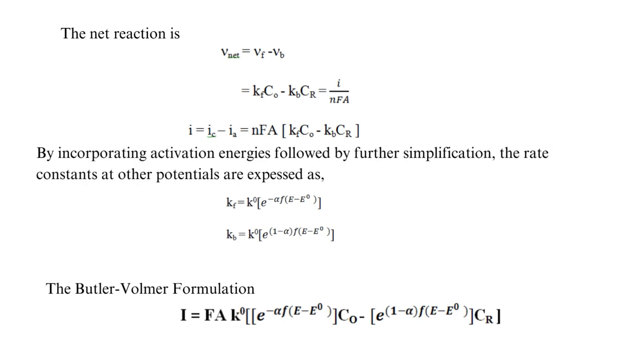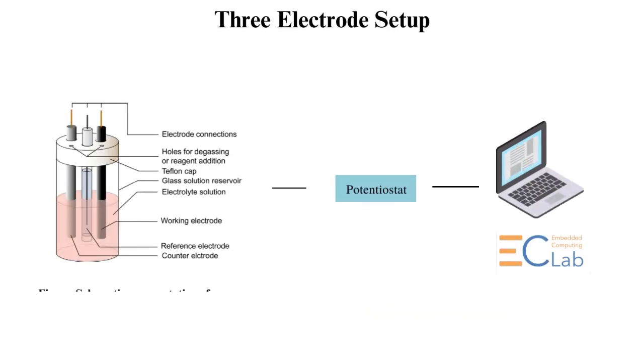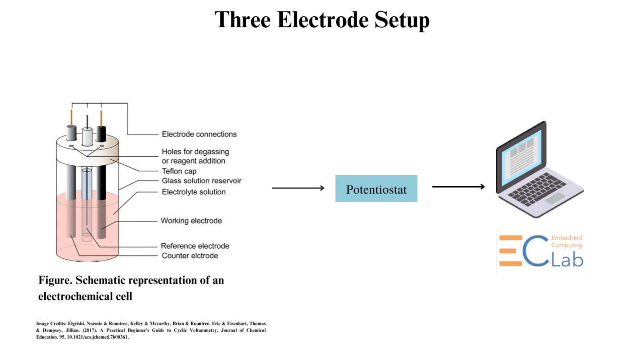Now we can take a brief look at the electrode setup which we use in water splitting reactions. We can use a 2 electrode system or a 3 electrode system, but for more accuracy and more detailed values, we use a 3 electrode setup.